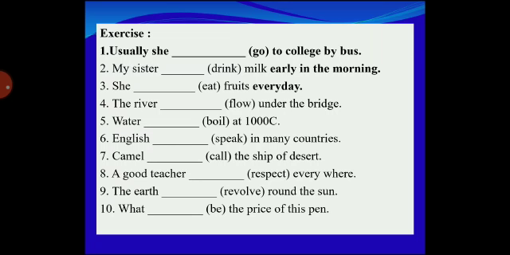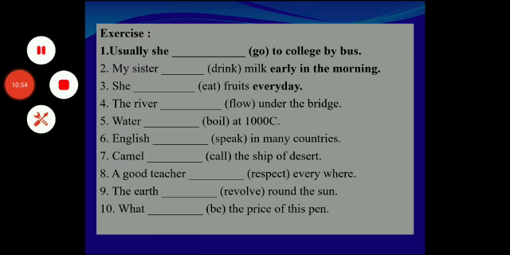If it is past tense, you have to give was, were. That we will learn in the simple past. Here only is, am, are apply. What is the price of this pen? So you have to analyze each and everything and apply all the rules and regulations.